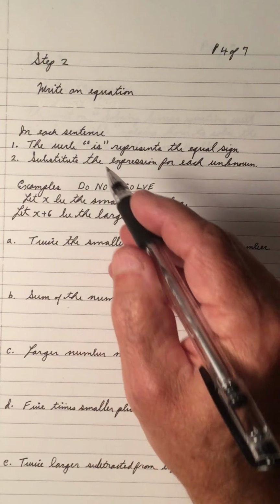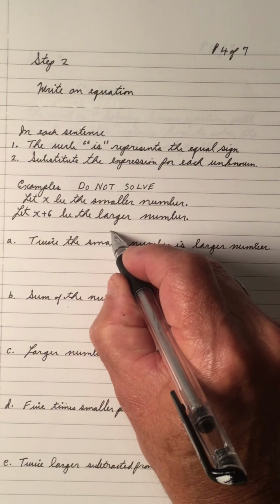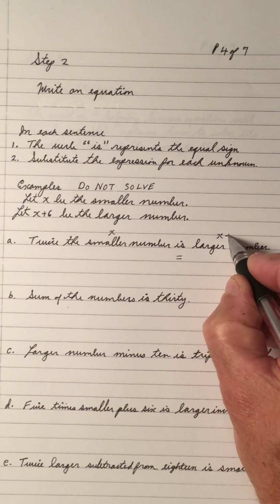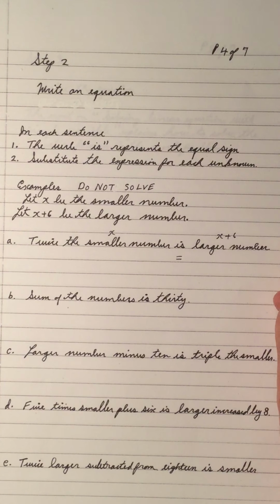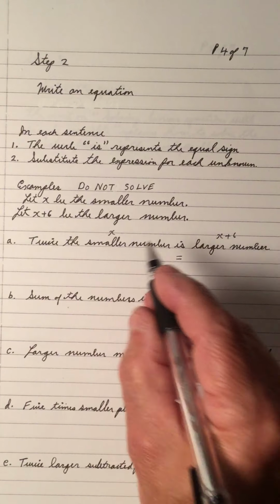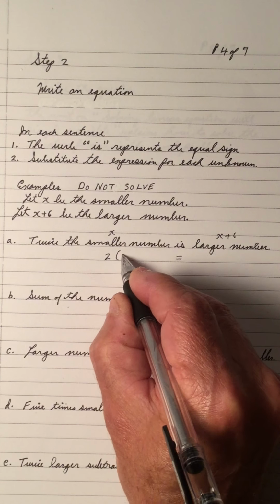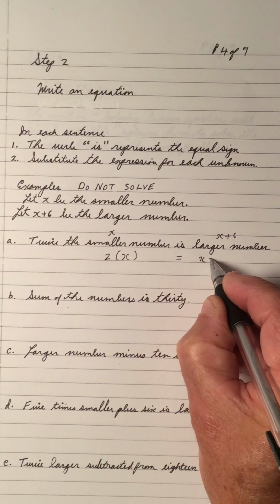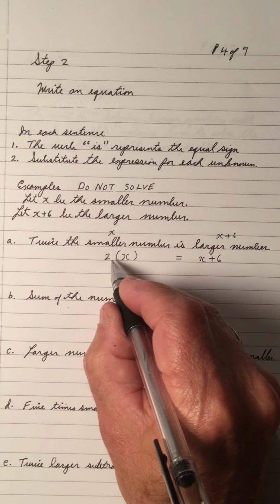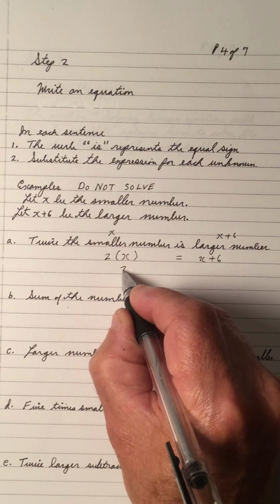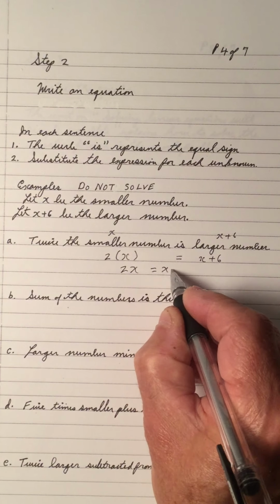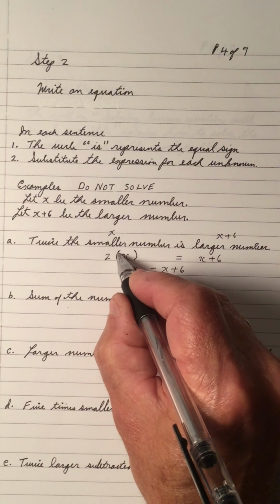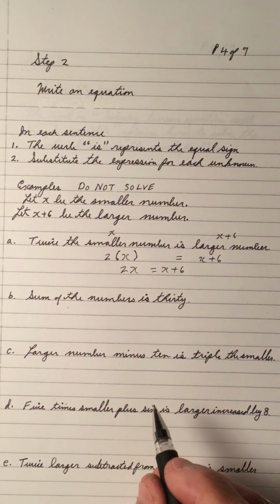The smaller number is x, and the larger number is x plus 6, so I write that above each of these. Now I read twice the smaller, so twice means multiply, is the larger. The 2 in brackets with x doesn't have to be; you can write down just 2x equals x plus 6. I'm just putting it in a bracket to show you that 2 times.